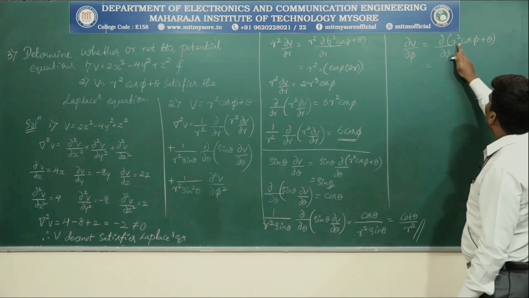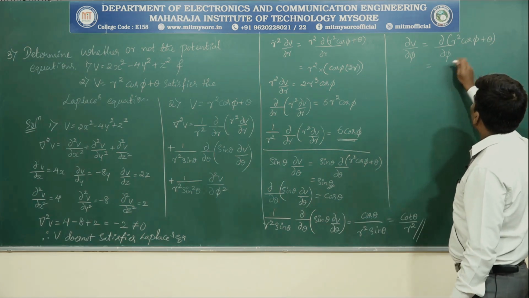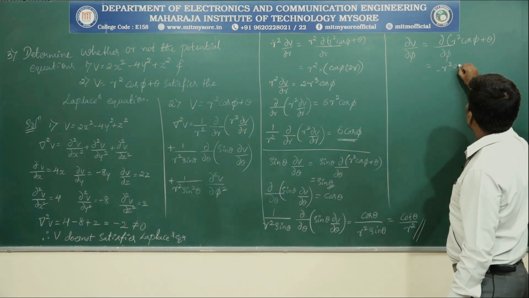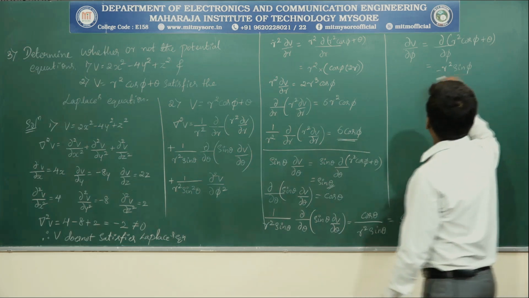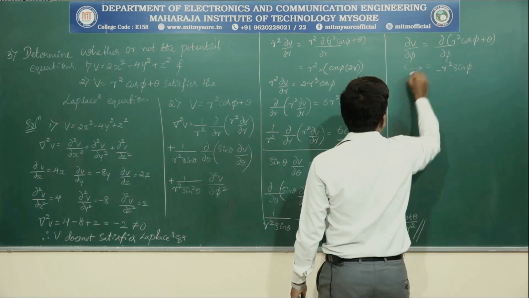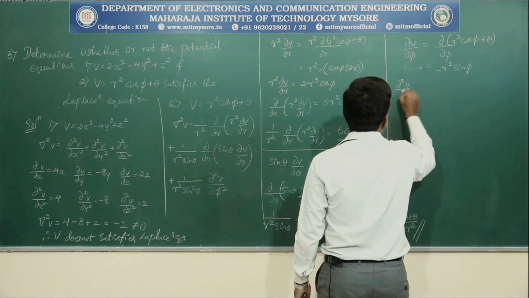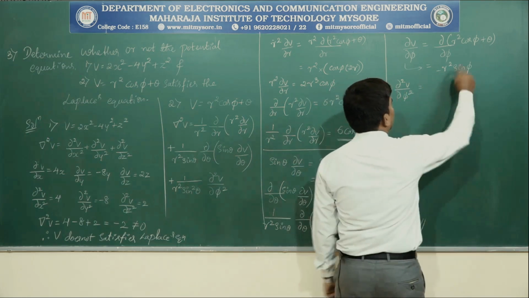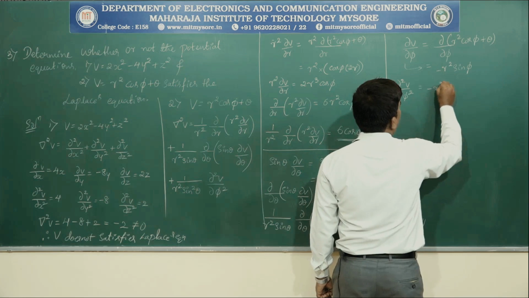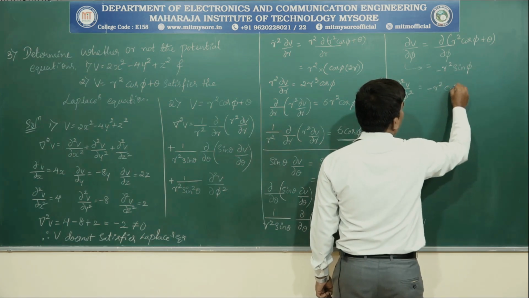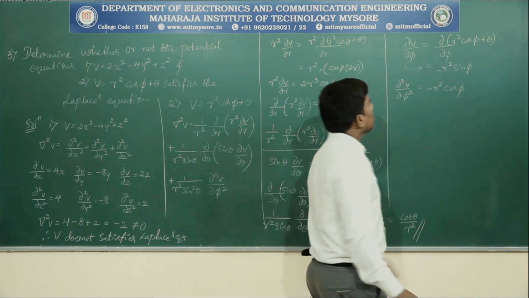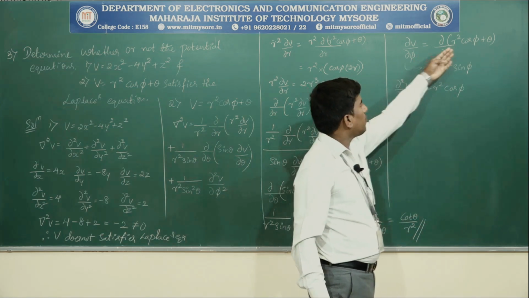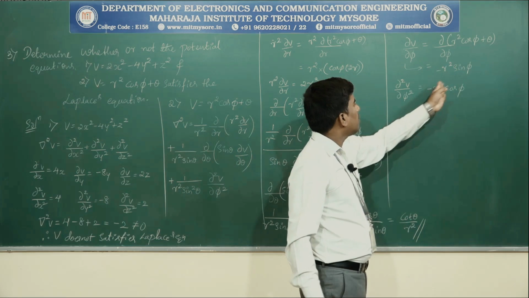Cos φ means minus sin φ, so r² times minus sin φ. Then we go for ∂²V/∂φ², which is equal to minus r² cos φ, since the differentiation of sin φ is cos φ.